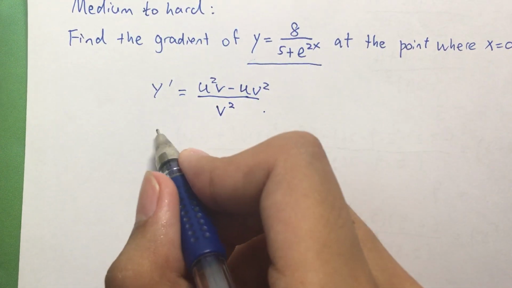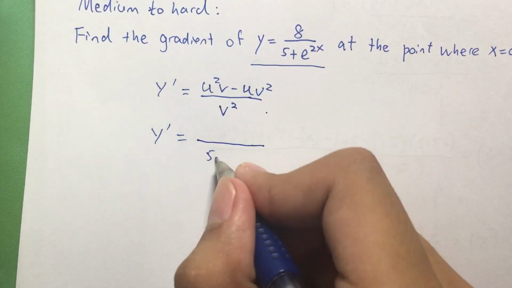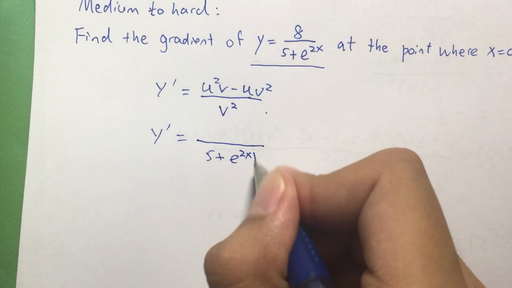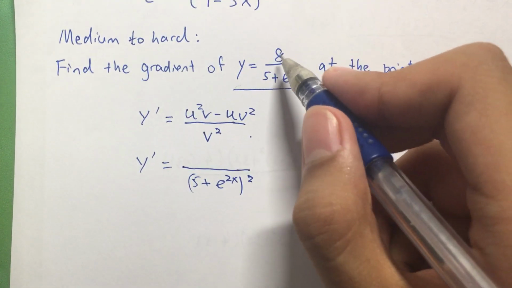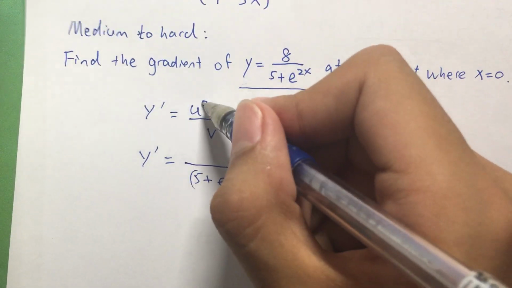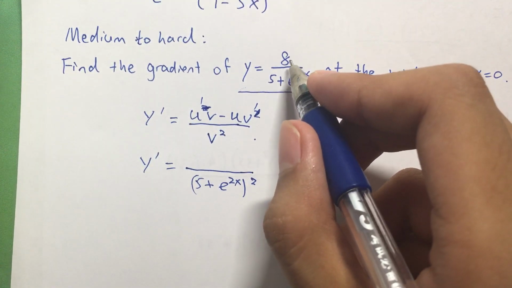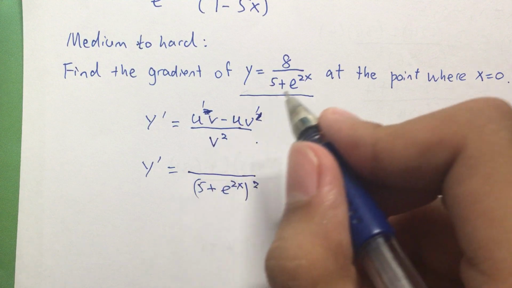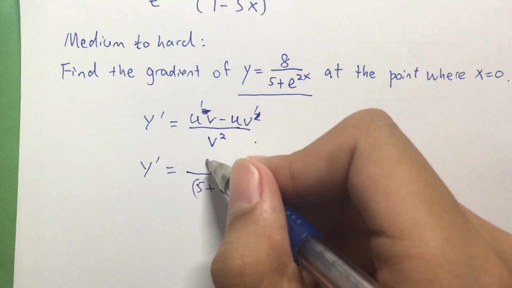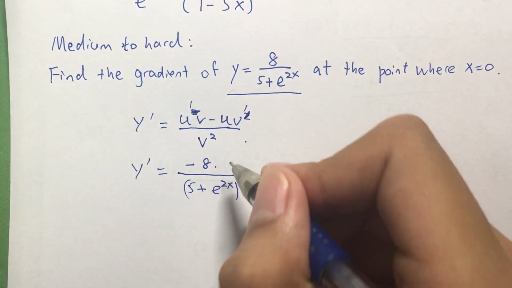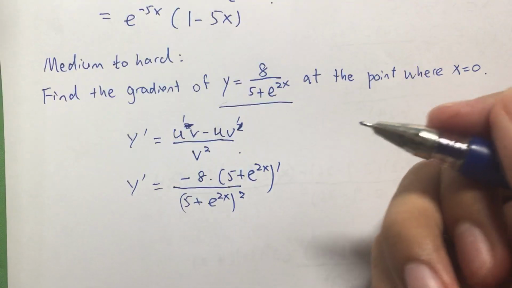So now let's apply this, which becomes y dash equals to (5 plus e to the power of 2x) bracket squared underneath, and then on top it's 8 dash times the bracket. When you do 8 dash, it becomes 0, so the first term disappears. So what we are left with is negative 8 times (5 plus e to the power of 2x) dash.